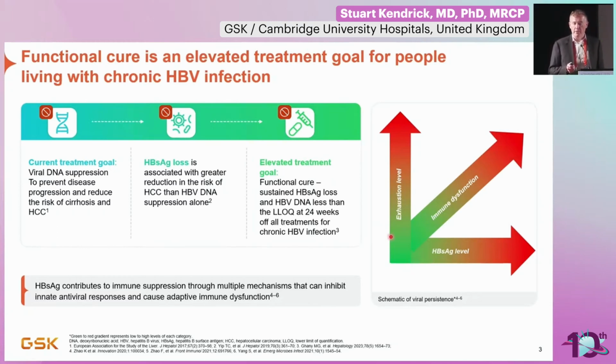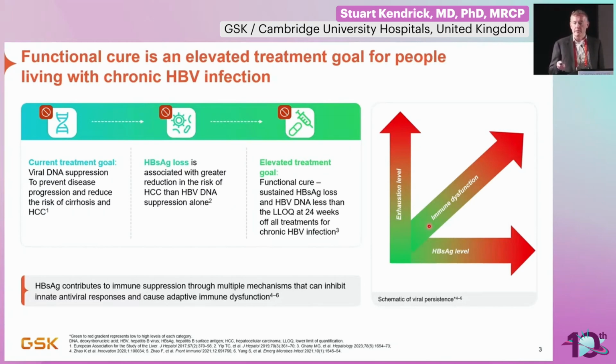We've tried to simplify our understanding of hepatitis B immune dysfunction by separating it into two components: a component driven by hepatitis B surface antigen level, and a component driven by immune exhaustion. Obviously, when we simplify things into two dimensions, we can lose some of the complexity and heterogeneity.